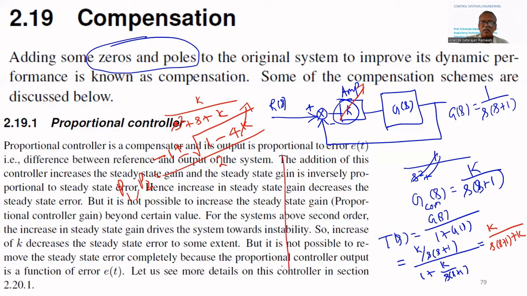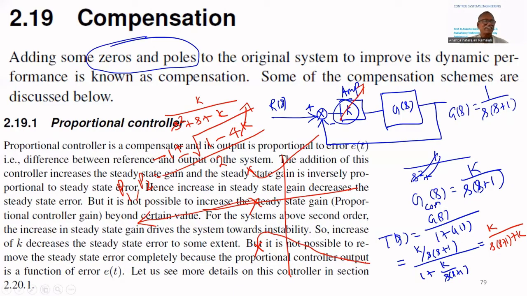So let us take one example. I am having a system which has 3 poles. If I increase K in closed loop, this pole will move to the left hand side. This pole will move like this. This pole will move like this.